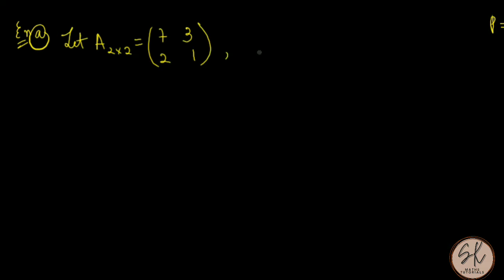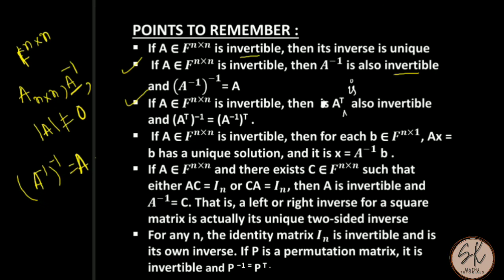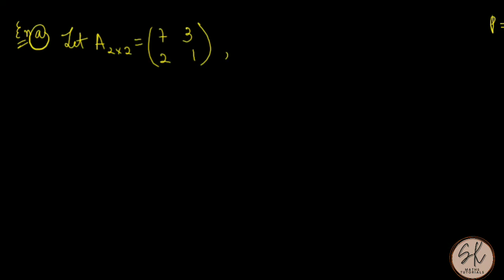Now we will check whether this property is satisfied, that is, A transpose inverse is equal to A inverse transpose. Let me write that property: A T inverse is equal to A inverse transpose. Now we will find its inverse.